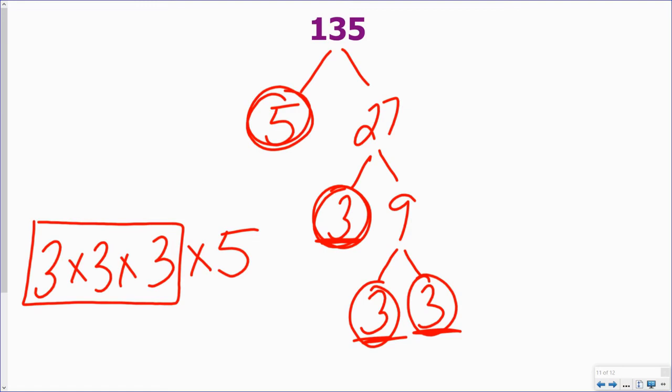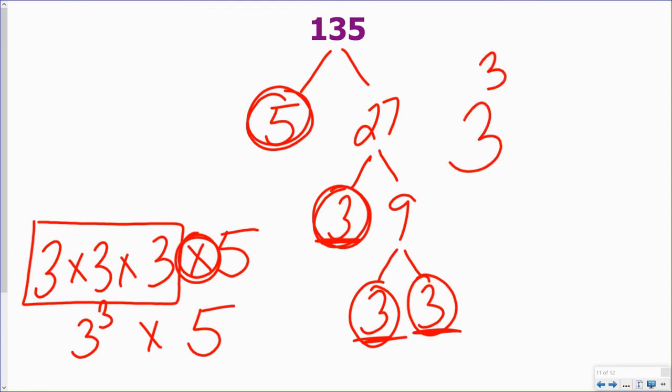So here is 3 times itself 3 times, which is 3 to the third power. And then I have multiplied by 5. Again, I can just put 5. I don't need to put 5 to the first power. So my prime factorization for 135 is 3 to the third power multiplied by 5.